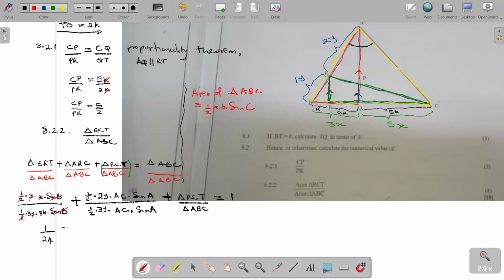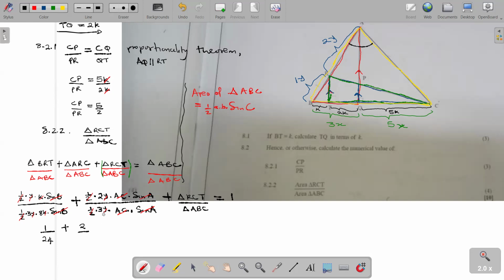Plus, let's simplify here. The half and the half are going to divide each other. The y and the y are going to divide each other. The AC and the AC will divide. The sine A and the sine A will divide. So we would realize that on our numerator, we are left with 1 times 2 times 1 times 1, which is going to give us 2 over.